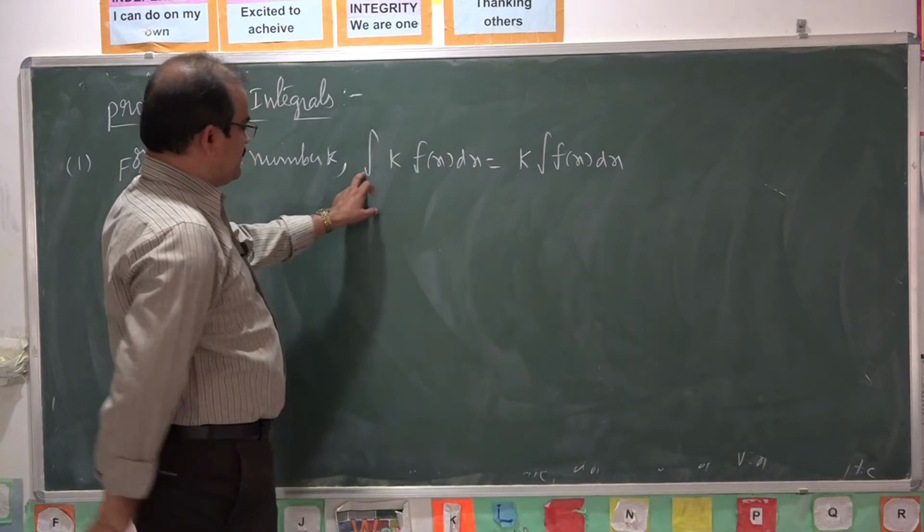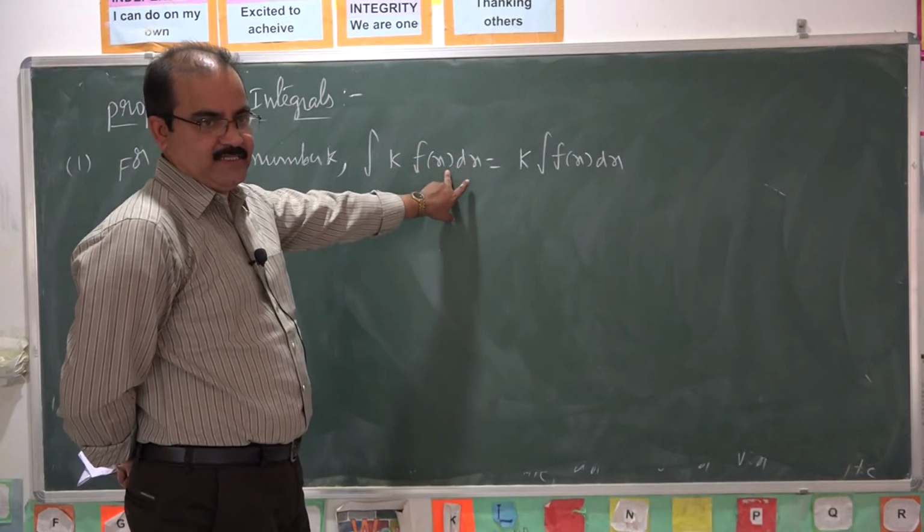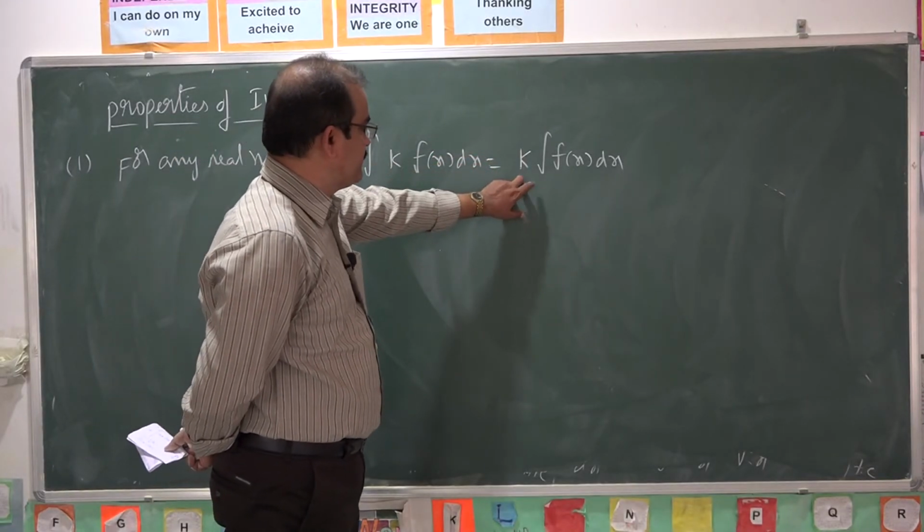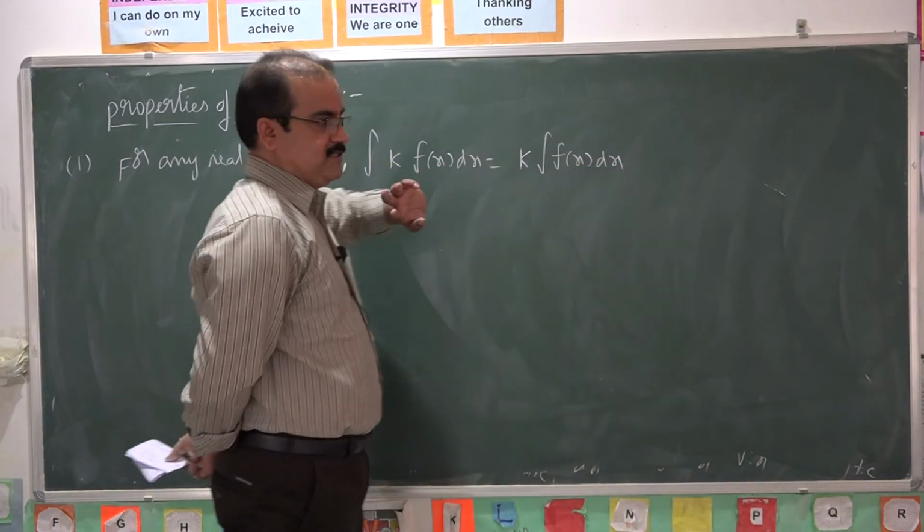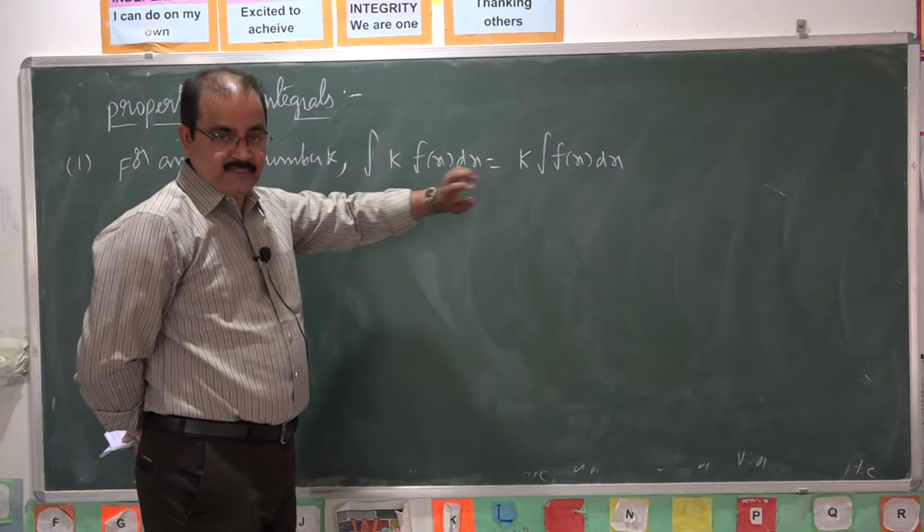For example, integral of 5 into f of x dx is equal to 5 into integral of f of x dx, where 5 is constant.